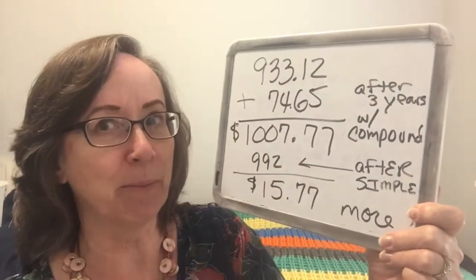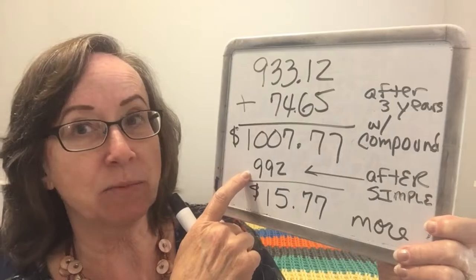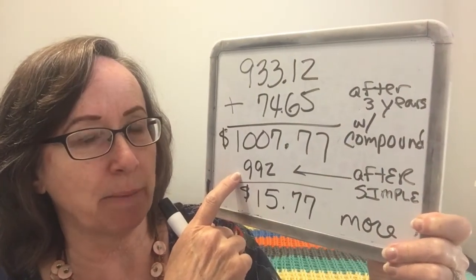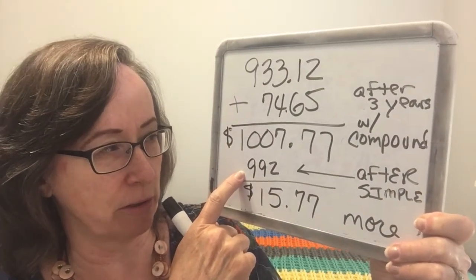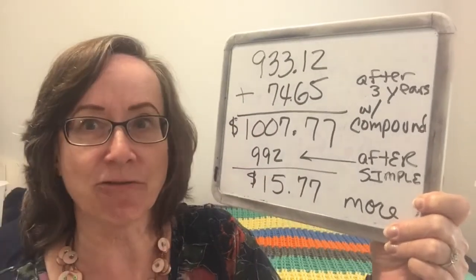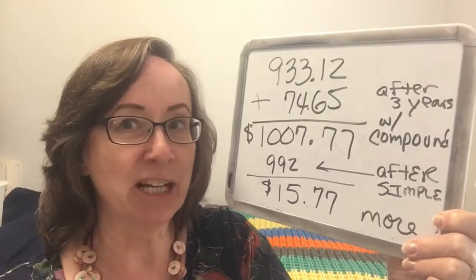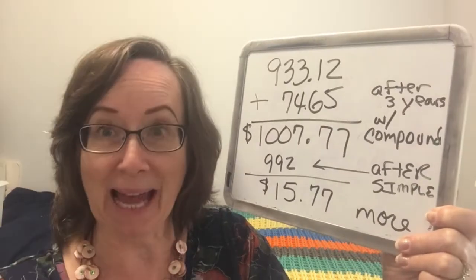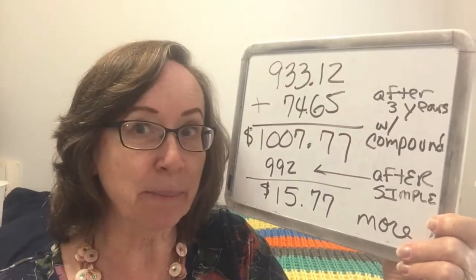And then from the problem we did before, this was the simple interest that Maria earned after 3 years. Compound interest was more, wasn't it? Because every year, the interest amount is put back into the principal.